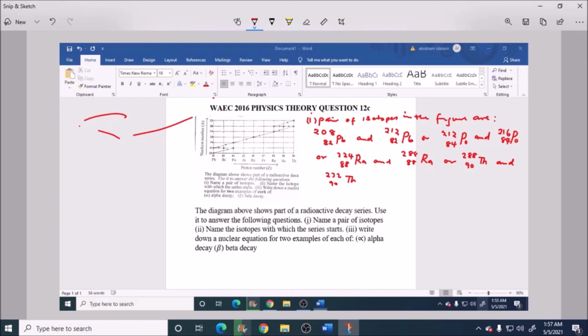Now the second part of the question says, name the isotope with which the series starts.